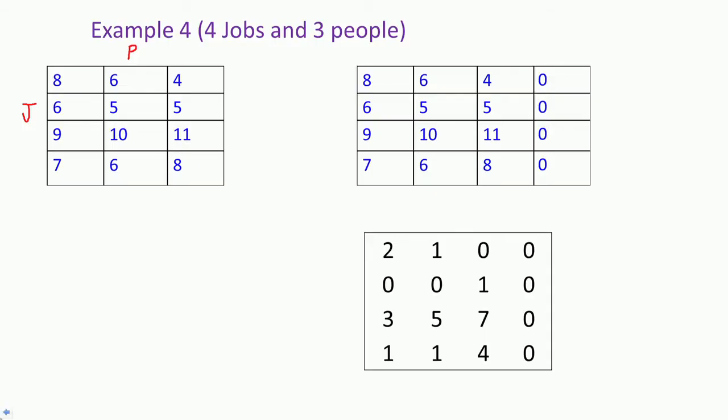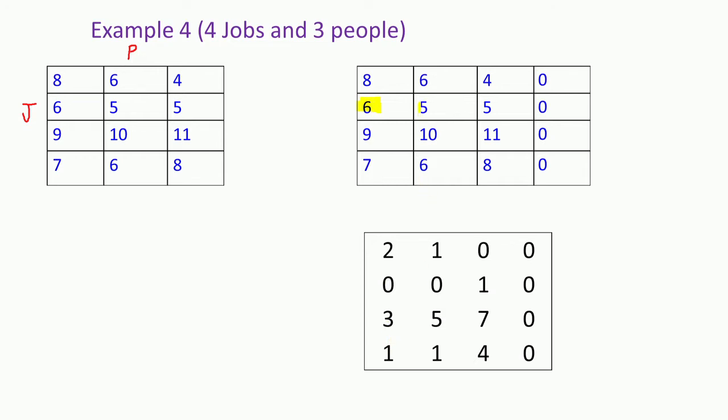Now, we subtract the row minimum and the column minimum. For all the rows, the row minimum is 0 because every row now already has a 0. Therefore, we do only the column minimum subtraction. The first column, the column minimum is here, so it becomes 2 0 3 1.